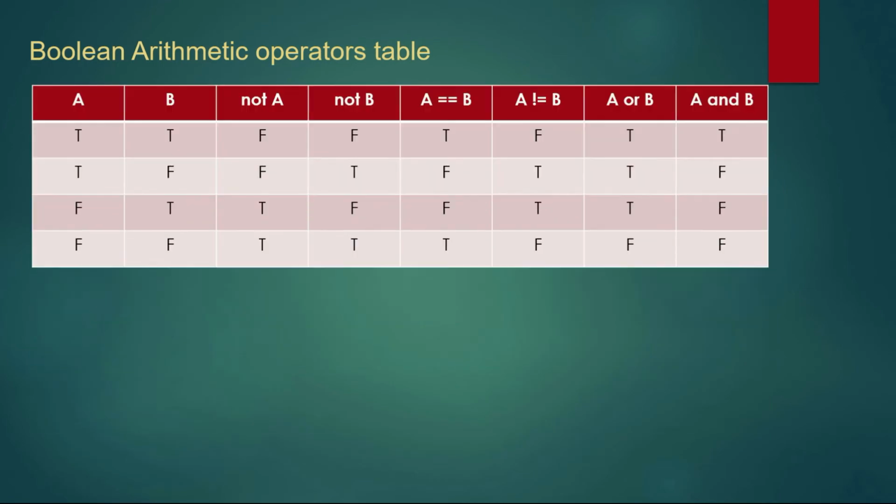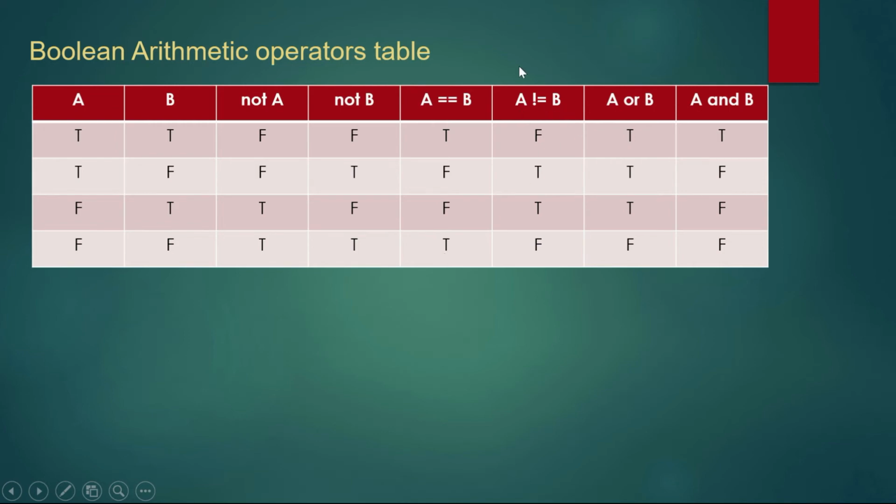Then the next one, the Boolean arithmetic operators table. Here the table is given with A and B values: True True, True False, False True, False False. The NOT function is against A, and the NOT function for B is against B. The equal value should be equal if both are the same, otherwise it will be False.